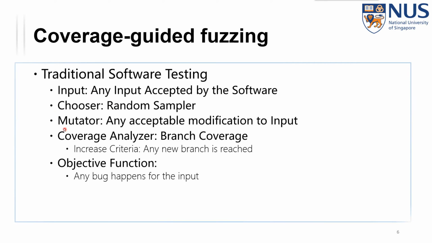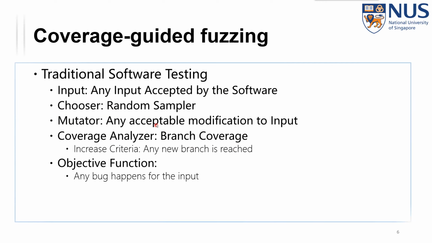For the mutator, any acceptable modification to the input will be the mutator, and actually this mutator will be specialized by the software it is testing. And the coverage analyzer is just the branch coverage, which was introduced by Lin Yun just now.